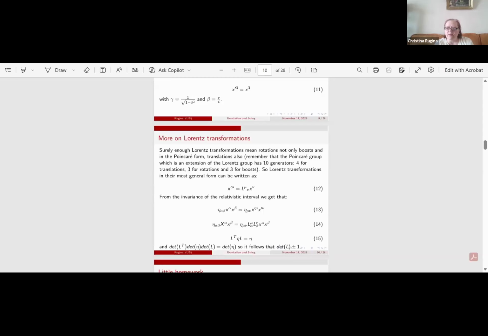The Poincare group, which is an extension of the Lorentz group, has 10 generators, 4 for translations. The Lorentz group is 3 rotations and 3 boosts, and the Poincare has added translations. We work in 4-dimensional space-time for now, so we study special relativity in 4-dimensional space-time, and we derive these nice relations.